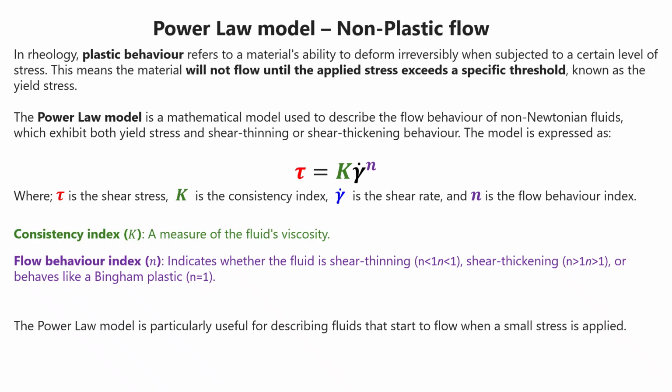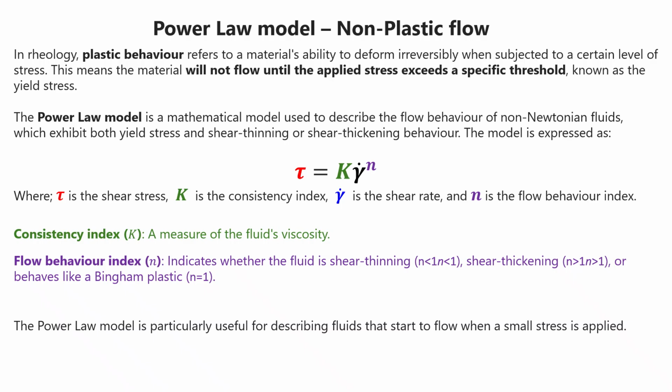Again, with this power law model, it's nice and simple, and we'll talk about this a little bit further. Our k value we talk about as being a measure of the fluid's viscosity, because when the n value, or the flow index, is equal to 1, that is literally the viscosity. So that's true when we're talking about a Newtonian fluid.